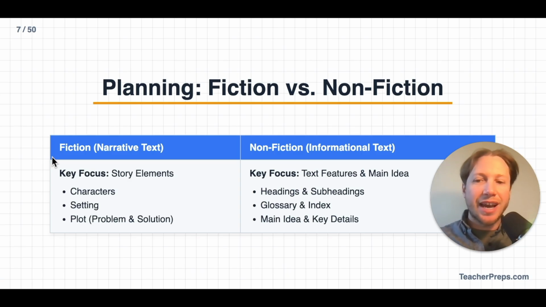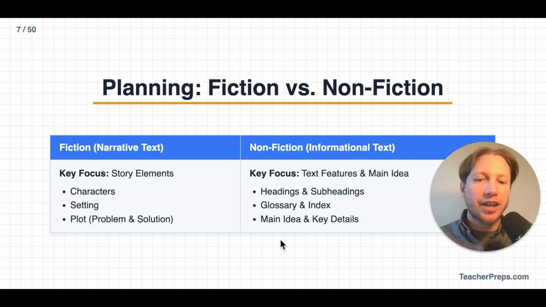Here we can see that fiction, which is also another way that it might be shown on exam day, is called narrative text, while nonfiction is called informational text. It could also be called expository text. The key focus here is the story grammar outline, which might include the characters, the setting, and the plot, whereas the key focus for an informational text is finding information by quickly reading the headings and subheadings.